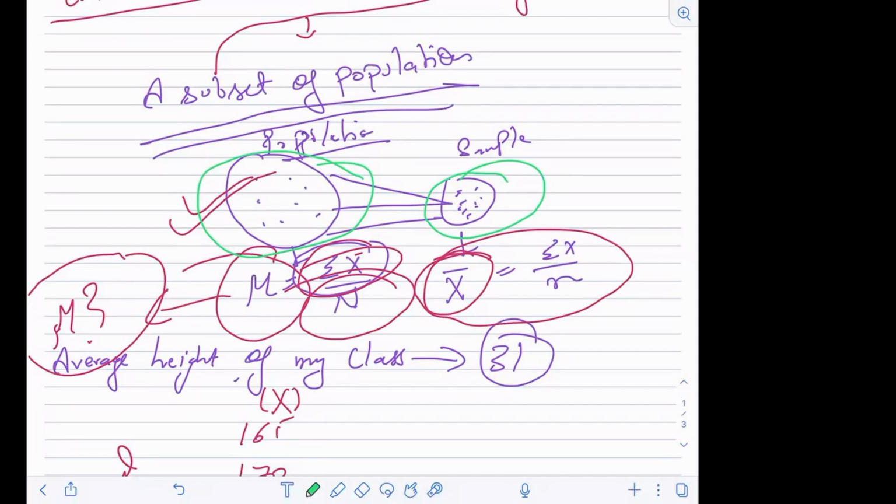Or if on average people in some countries are short, it does not mean that all people are short. Or some have blonde hair, it does not mean that everybody has blonde hair. Or somebody has black eyes, it does not mean that everybody has black eyes.